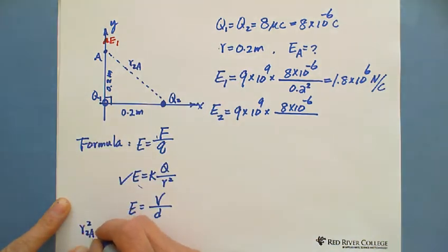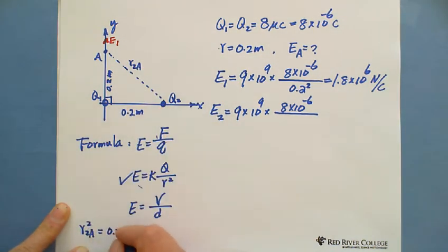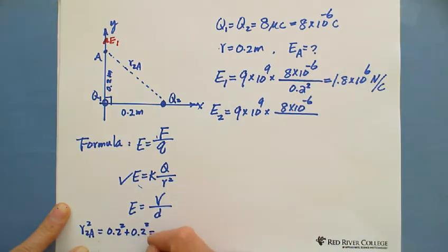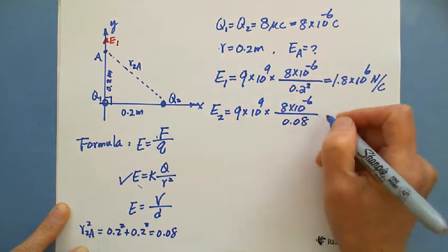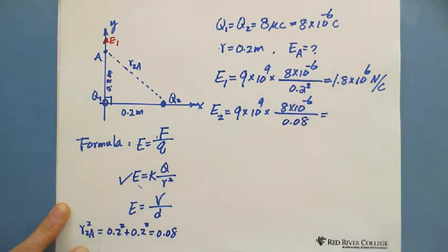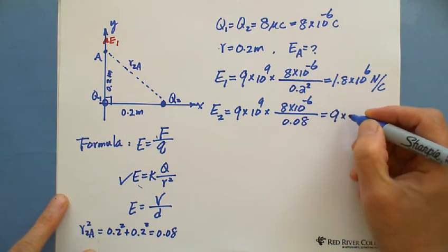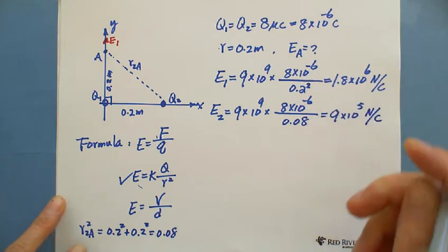So the square of r equals 0.2 squared plus another 0.2 squared, because the formula uses the square. This gives us 0.08. As a result, we find the answer is 9 times 10 to the 5 newton per coulomb.